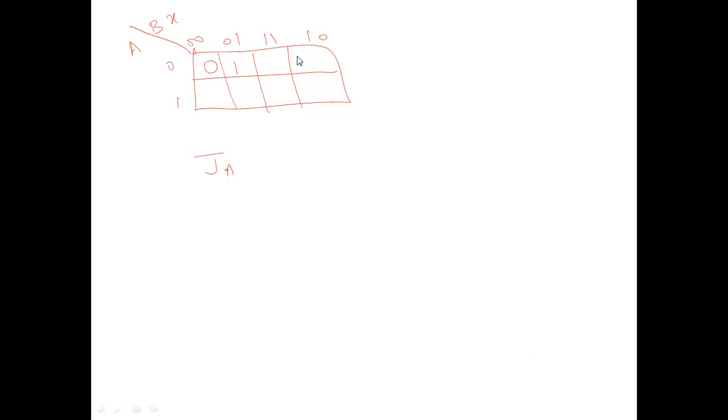Now what is JA? JA is nothing but you combine these two things together. So JA is nothing but B bar X plus B X bar, which is nothing but B exclusive OR with X. You completed JA.